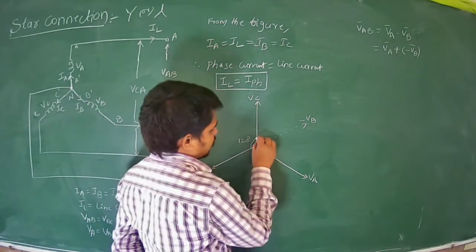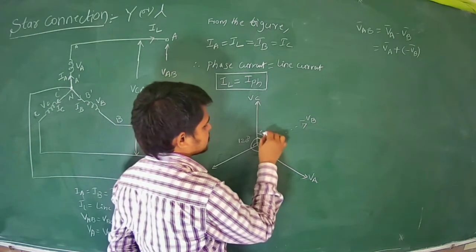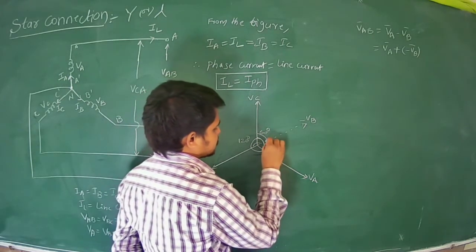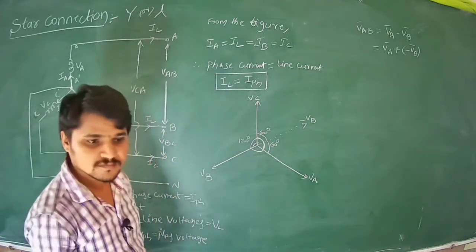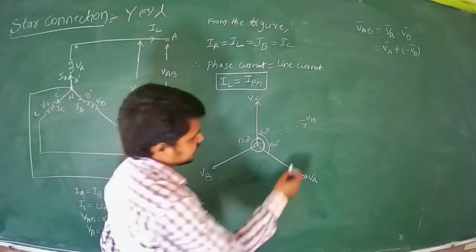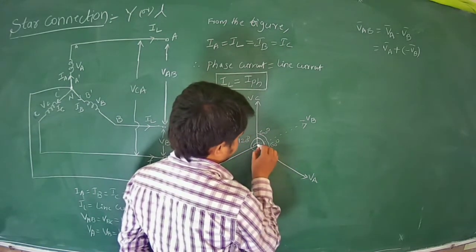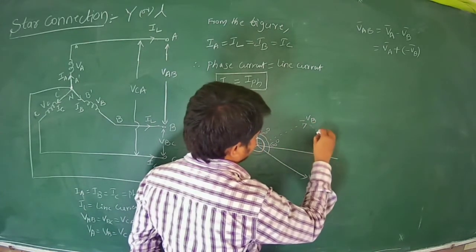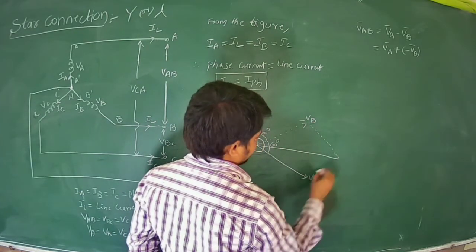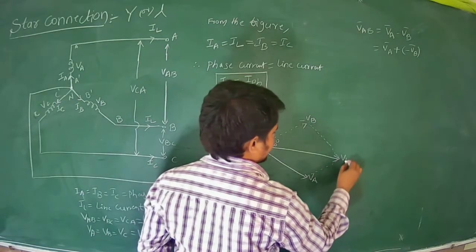Now, as the angle between VA and VB is 120 degrees, this will become 60 degrees, and this will become 60 degrees. So the phasor sum of VA and minus VB will give you our VAB.